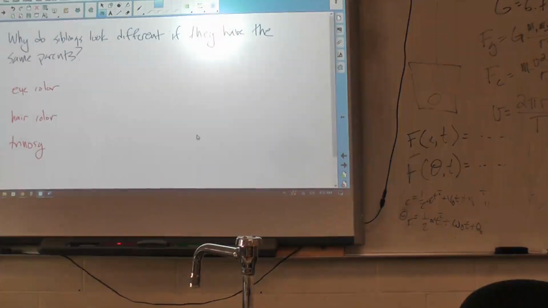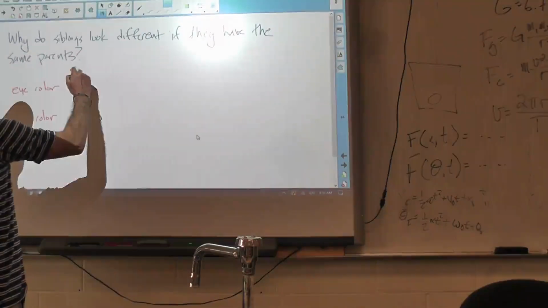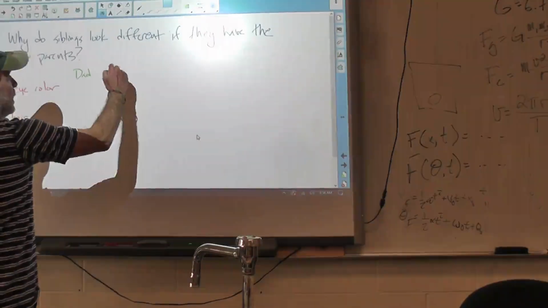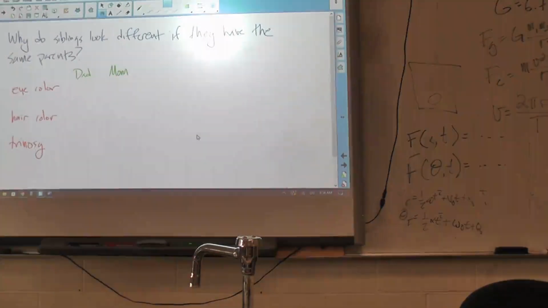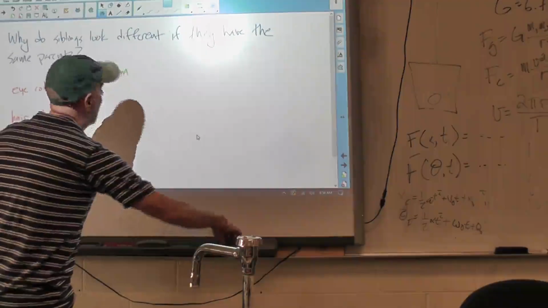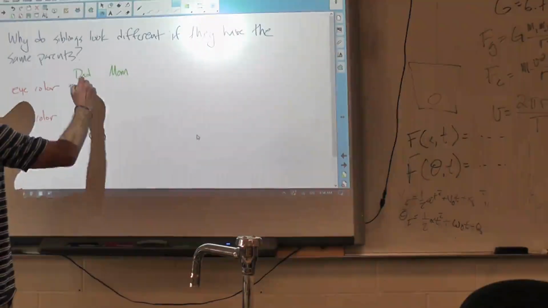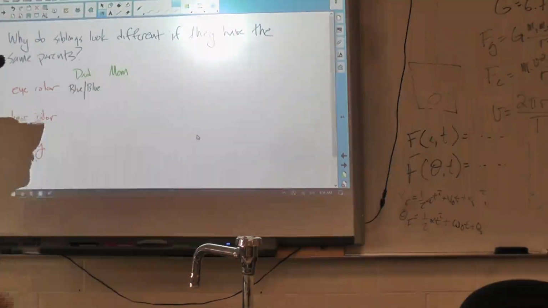All right? So we're going to look at 2 individuals here. We're going to look at a biological parent that's male, biological parent that's female, and we're going to say that the 2 alleles that the dad has are blue eyes and blue eyes for eye color.